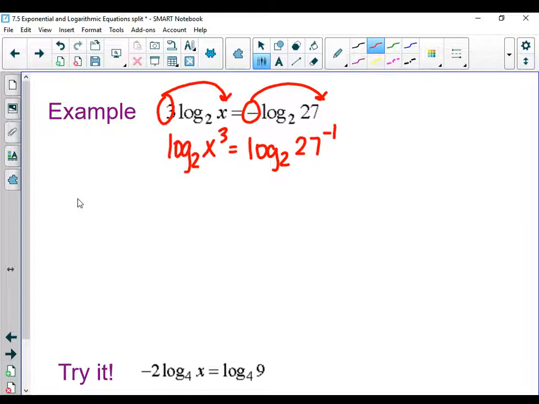All right, so the new property says if we have logs with the same base equal to log of the same base, they disappear. We don't have to worry about them anymore. We're interested in solving for x using this, okay? So if I have 27 to the -1, that's the same thing as 1/27.